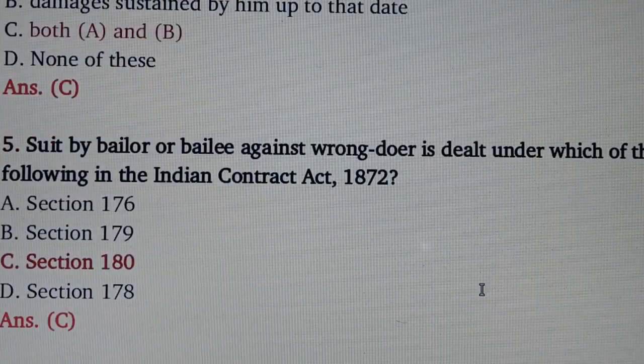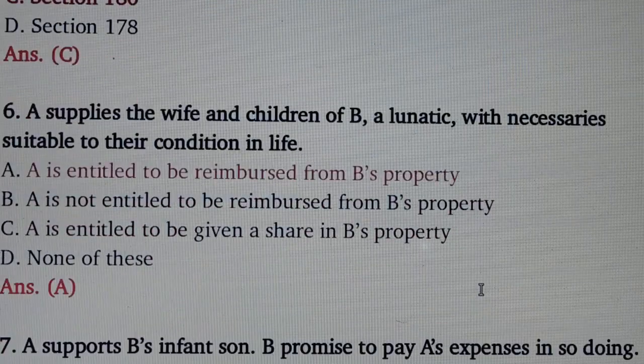Question number 5. Suit by bailor or bailee against wrongdoer is dealt under which of the following in the Indian Contract Act? Answer is option number C, section 180. Question number 6. A supplies the wife and children of B, a lunatic, with necessaries suitable to their condition in life.